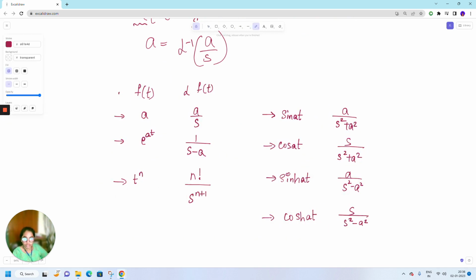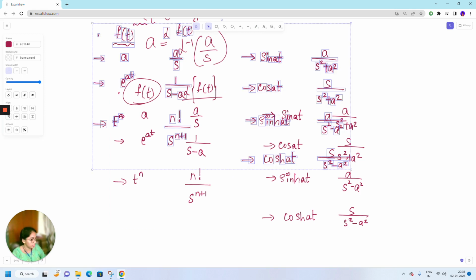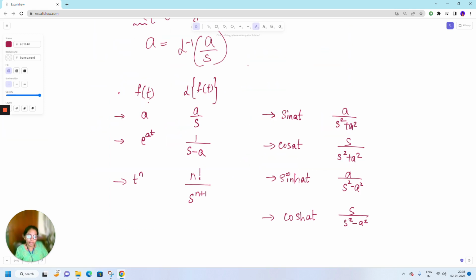So, this was f of t. We had Laplace of f of t. Now, what would happen if I send this Laplace to the other side? It would become Laplace inverse. That is, the left terms would become Laplace inverse of f of s, and here can I write f of t?